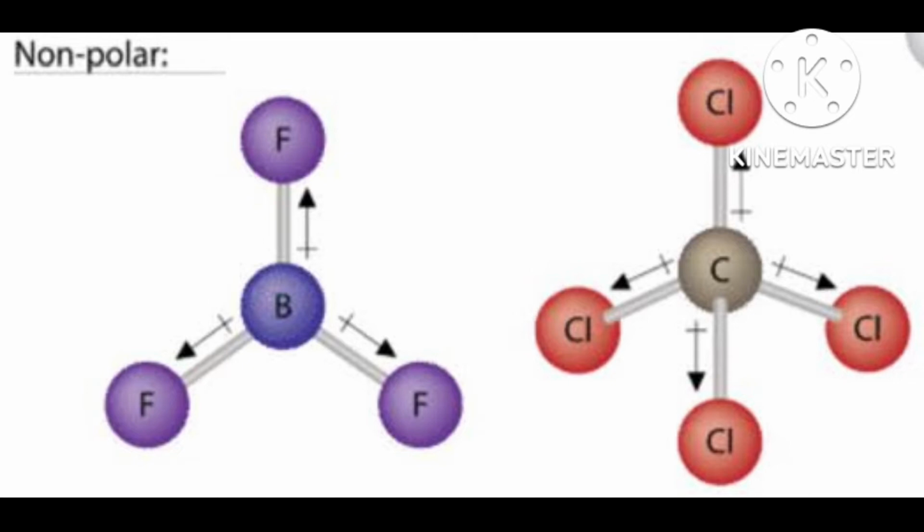BeF2 means Be in the middle, one F on the left side, one F on the right side, and you have to show the direction. On one side you show a crossed arrow, where the arrow points towards fluorine and the cross is near fluorine. On the right side, the arrow points towards fluorine and the cross is near the beryllium, Be. This is the way to represent the dipole moment.